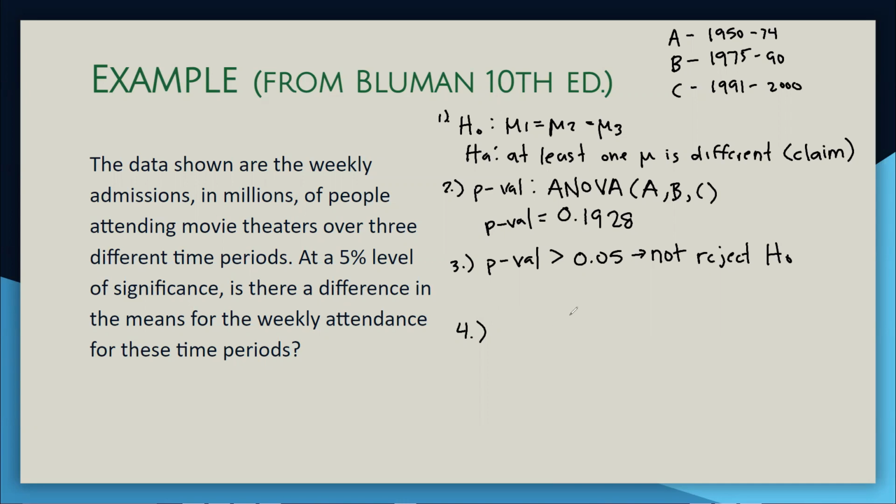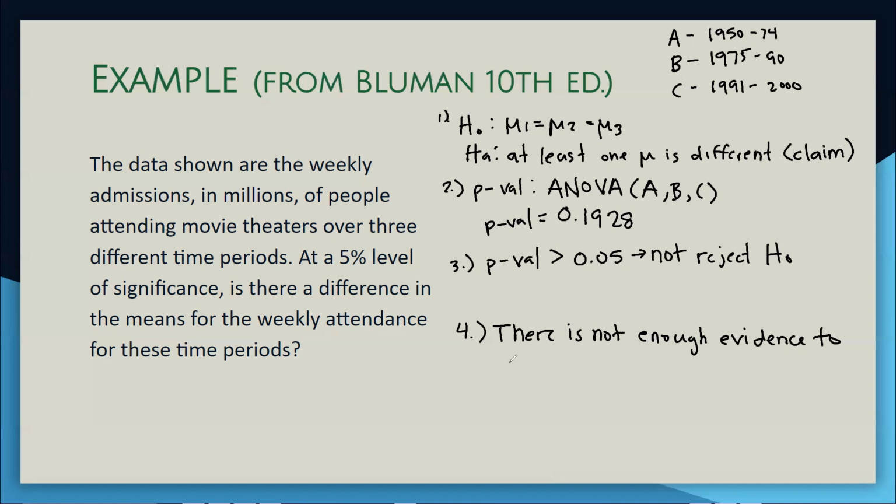To summarize, first starting with the decision, we did not reject, so there's not enough evidence. And then looking up at step one, our claim was the alternative. So we're talking in terms of support.